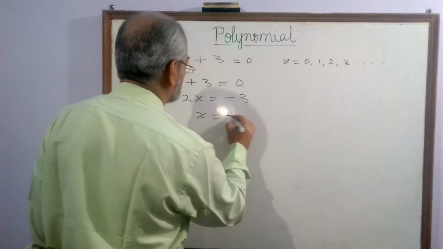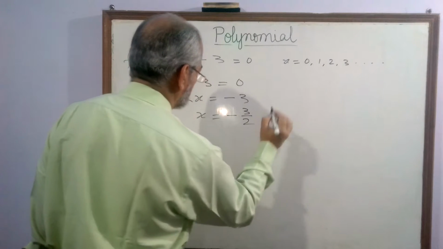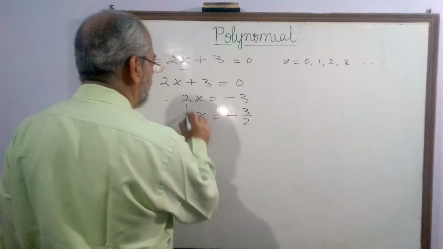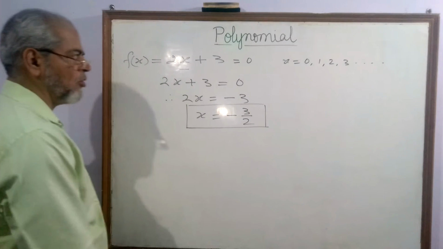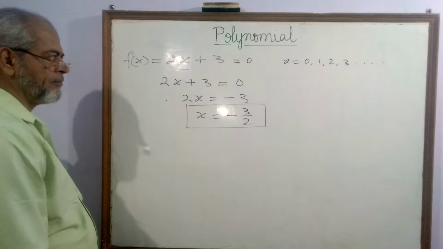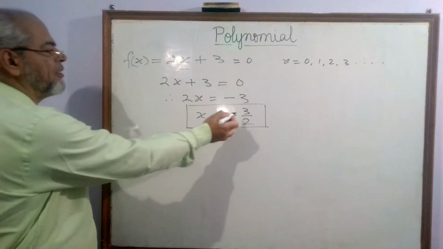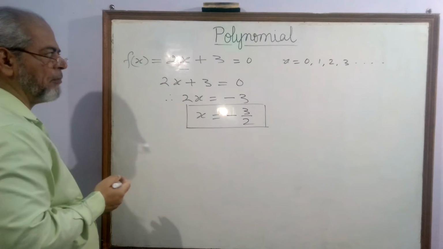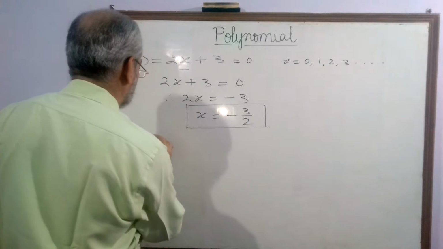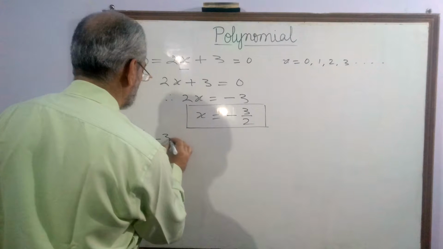So x is equal to minus 3 by 2. So this value of x will be called 0 of the polynomial. So if we put this value in place of x, the whole expression will become 0. Let us see what happens.